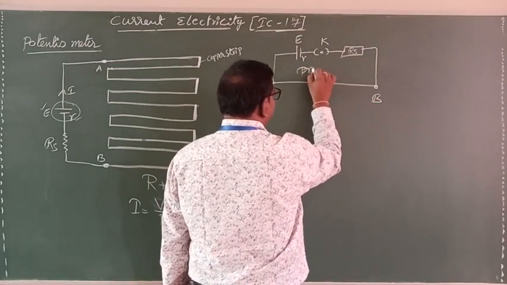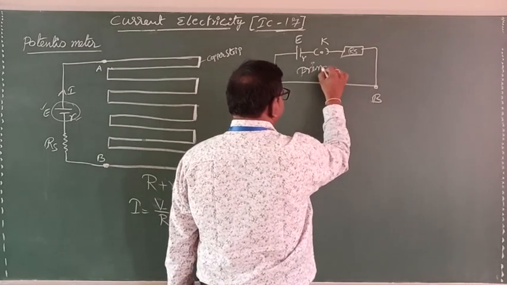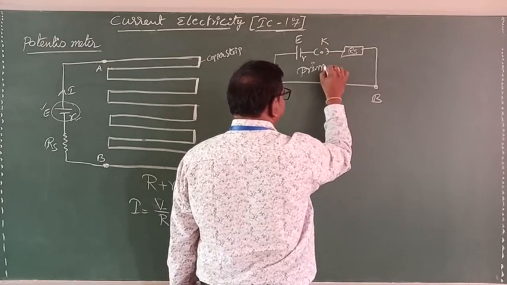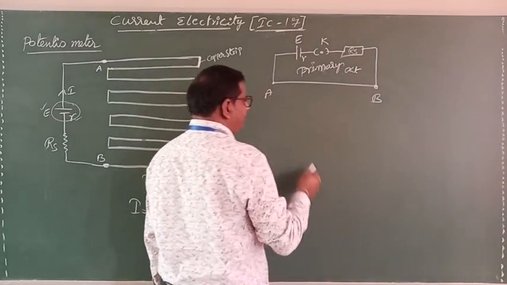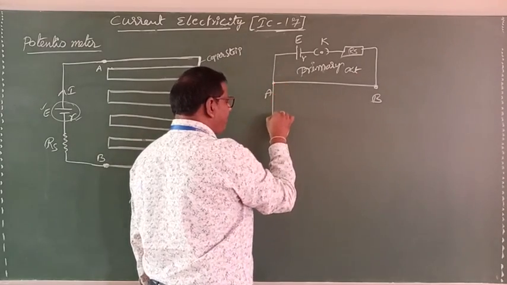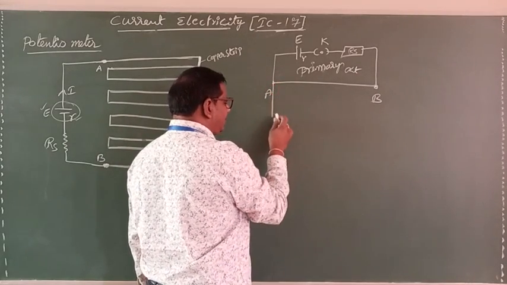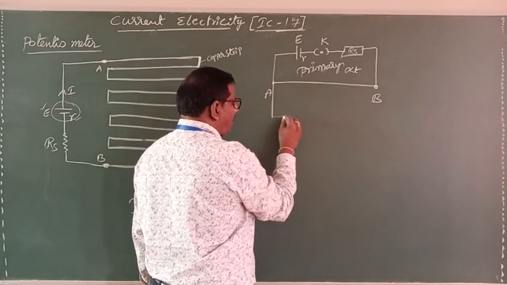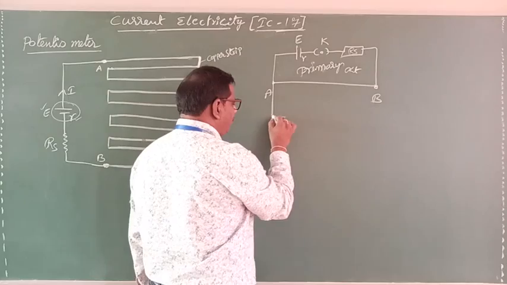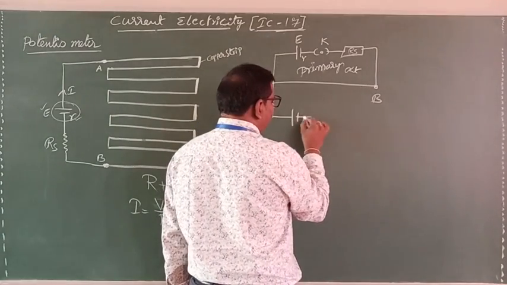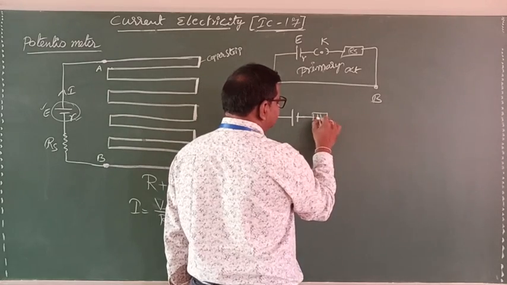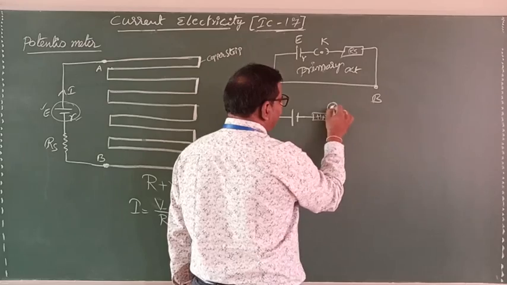This is called the primary circuit. The cell whose EMF we want to measure is connected here, with a high resistance and a galvanometer.